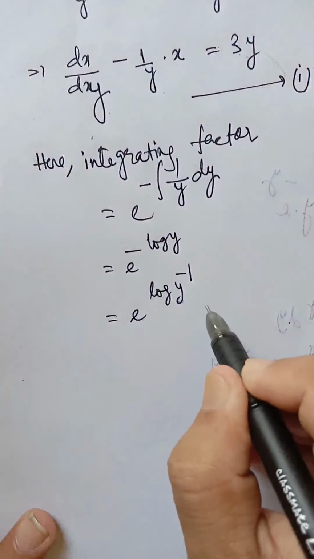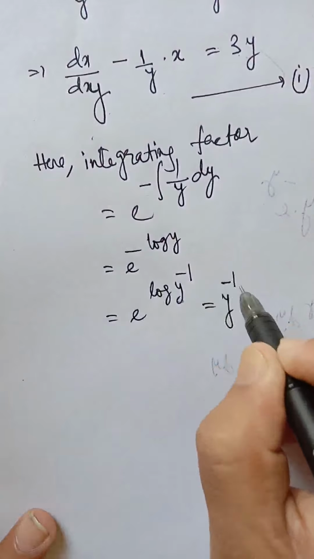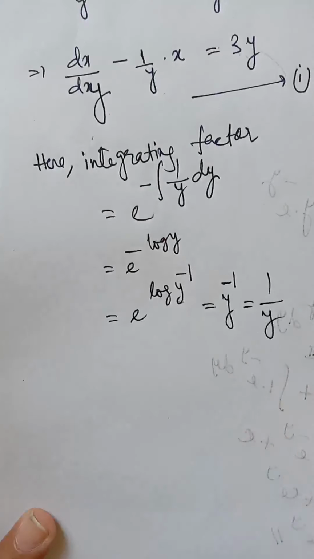So e to the power log gets cancelled, and we will be left with y to the power minus 1, that is 1 by y, which is the integrating factor.